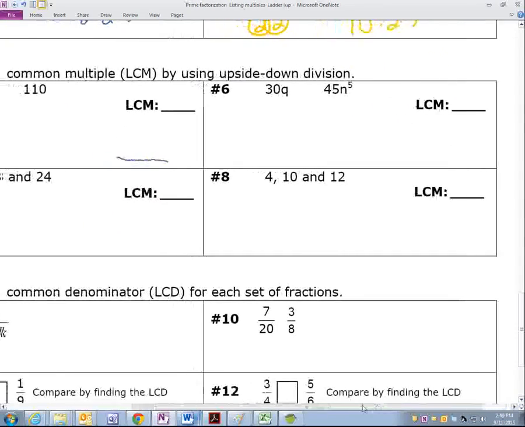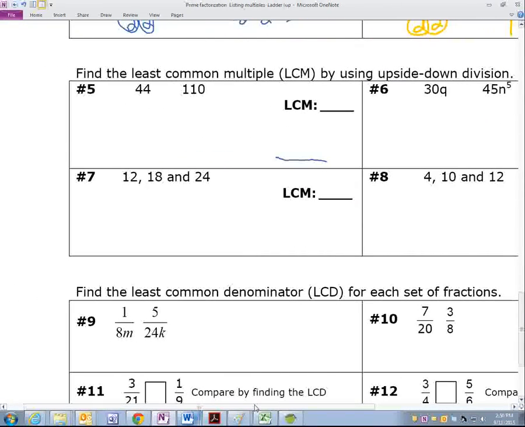Now it wants us to do examples with upside down division, also known as the ladder method. So now I'm going to just take these. I can see that there's going to be an 11 coming from here. So I have 44, which becomes 4 and 11, which is 11. 110, yeah, no, 10. Take 2, 2, 5.